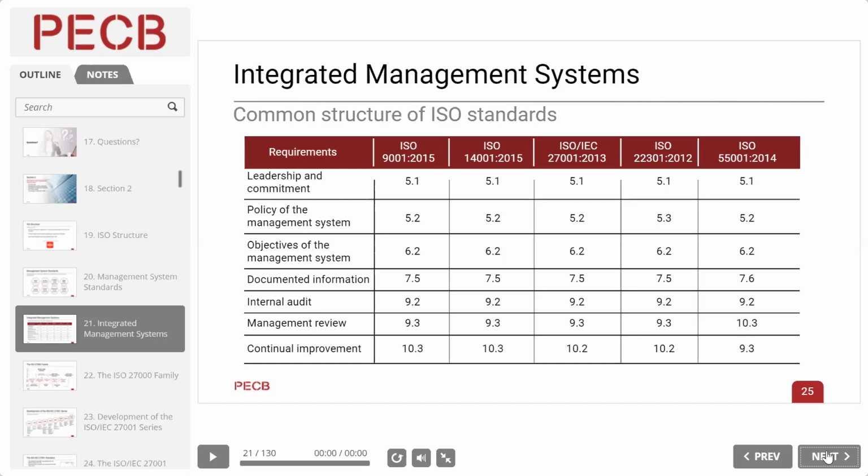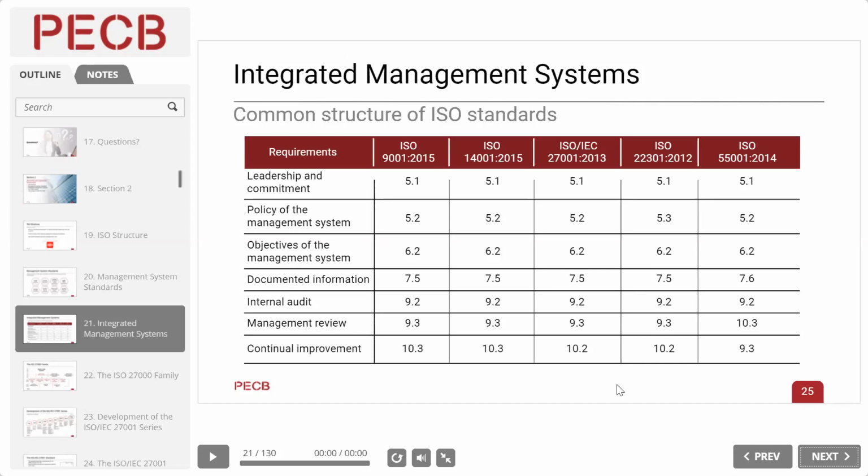Another word for improvement is maturity, okay? So we need to have the approach of being able to mature the processes and the activities that we have implemented and ensure that it's all well structured. Management review and then continual improvement, as I said.